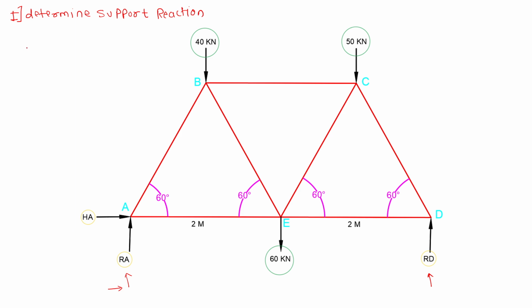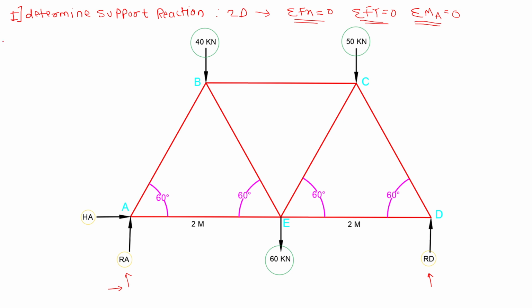As we know, this is a two-dimensional structure, so we can use summation Fx is equal to 0, summation Fy is equal to 0, and moment about any point will be equal to 0. So these are the three conditions we can use to determine the support reactions, that is RA, HA, and RD.